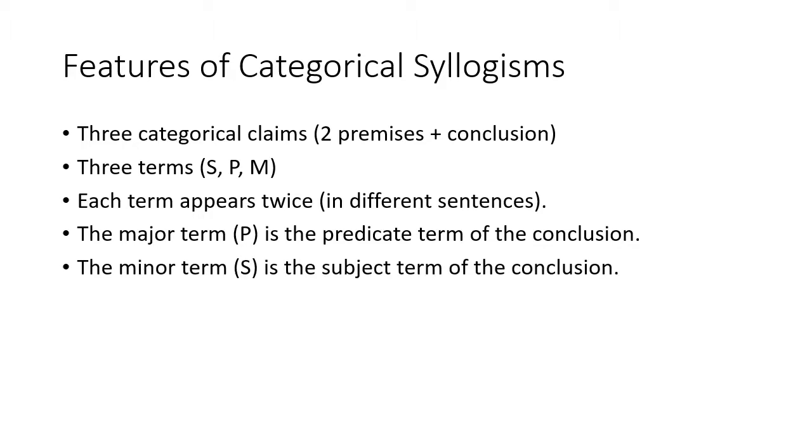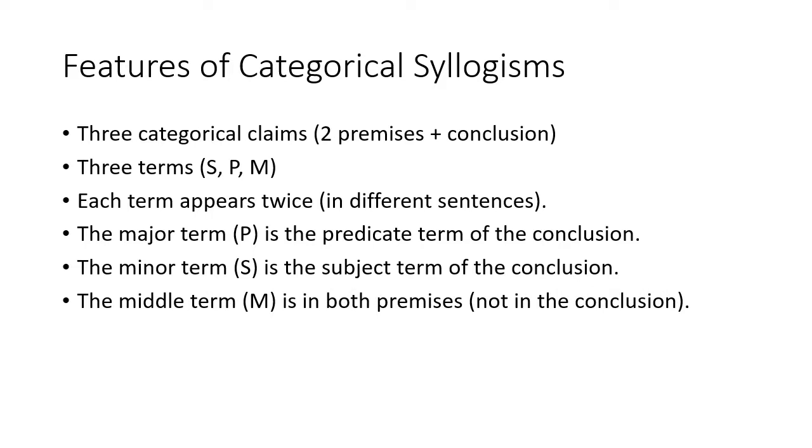The minor term, which we call the S, is just the subject of the conclusion. This S term will appear in the other premise. So the P term, the major term, will appear in one premise, and the minor term will appear in the other.